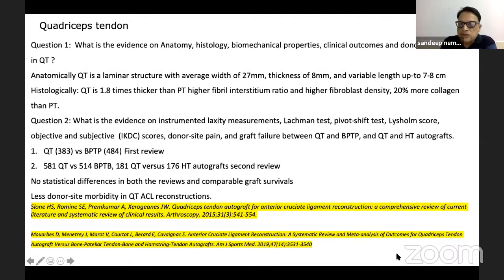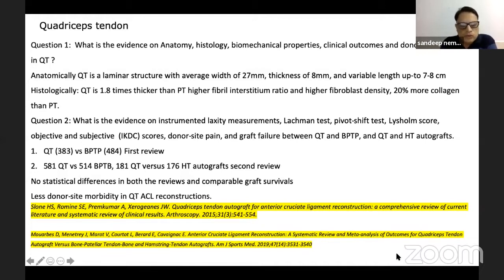Then what is the evidence on instrument laxity measurements, Lachman test, pivot shift test, and outcome scores? On comparison, these are the two systematic reviews which I have found. One was published in 2015, another one was published in 2019. The first review compared quadriceps tendon 383 versus bone patellar tendon bone 484.